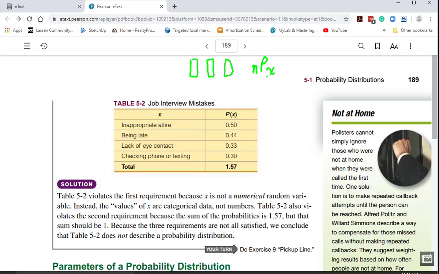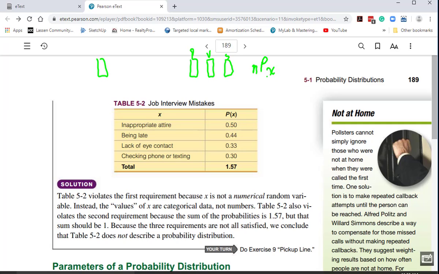Suppose you have 3 positions: president, vice president, and secretary. We say that order matters. Why? Because not every job interview is going to be president, and not everybody is going to be vice president. You have to select one, and then it stops the others.